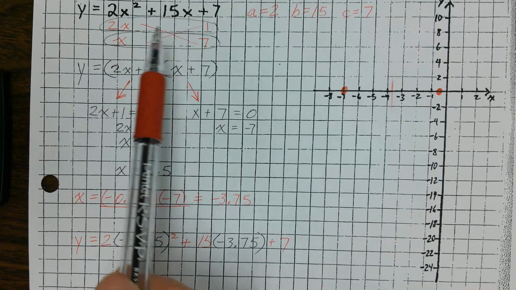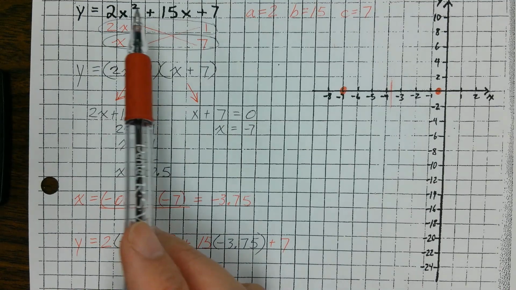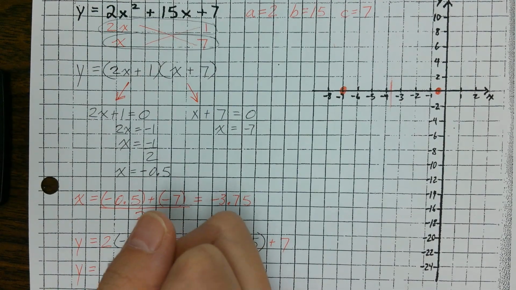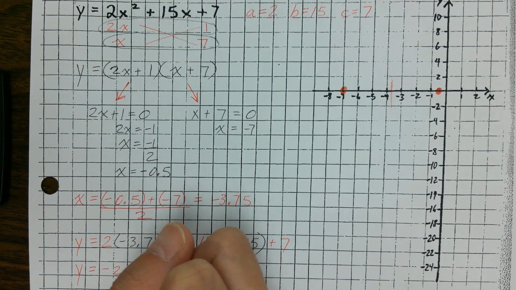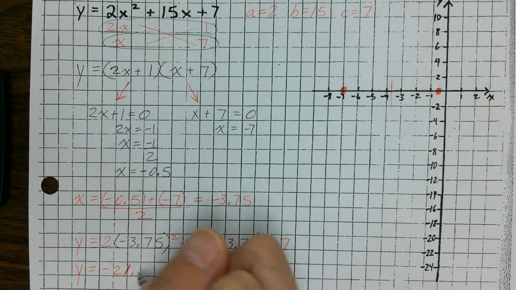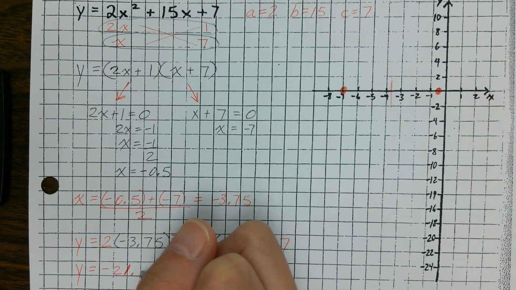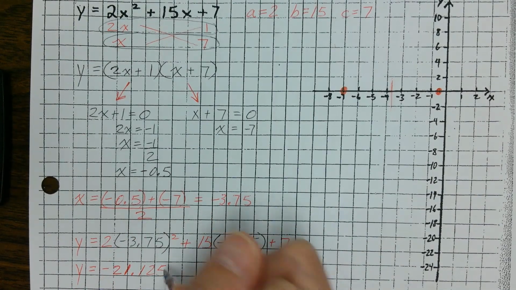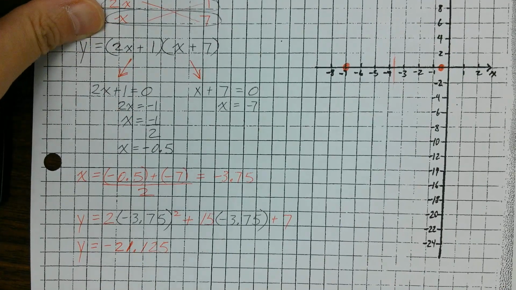Right? So that was my equation. I want to find out when x is negative 3.75, what is y? So I can sub it into the equation. And I get y to be about negative 21. Negative 21.125.